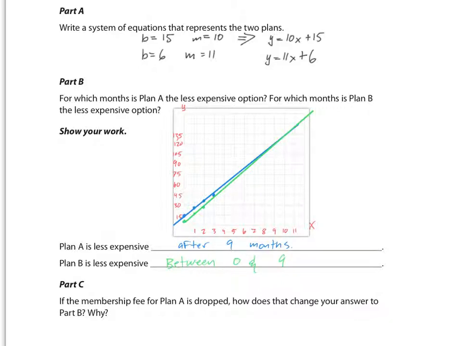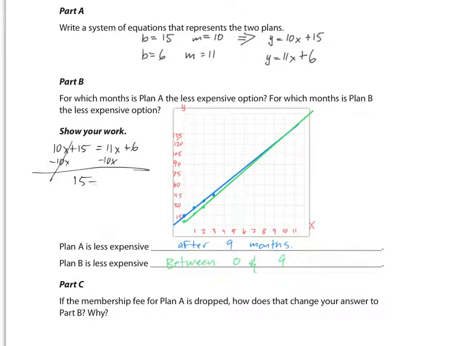Okay. Another way to solve this is by making the equations equal to each other. So you can also do 10x plus 15 is equal to 11x plus 6. You solve for it. I'm going to subtract 10x from both sides.